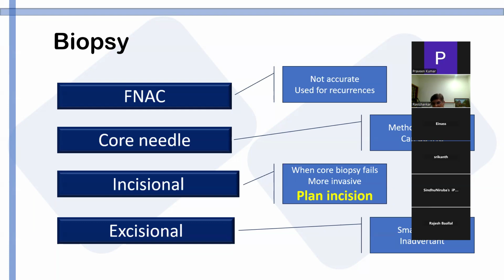So when you make your incision, it should be in such a way that if required, you will be able to get control on the vessels also, apart from removing the tumor. So at this point, when you're coming for a biopsy, you have your imaging. So you know where the tumor is, and whether there is any neurovascular bundle nearby. Then you think about where, when you're excising this tumor, you would put your incision to cover both complete excision of the tumor as well as control on the neurovascular bundle.